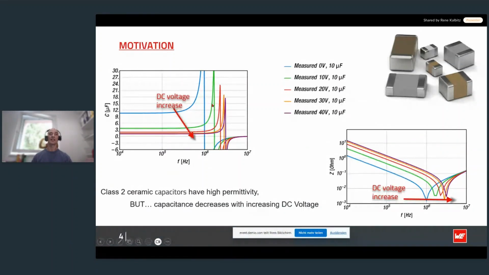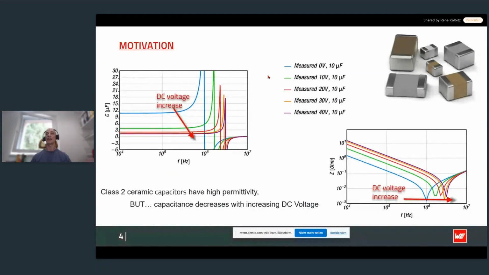There is nothing one could do against it. All class 2 capacitors show this behavior independent of the manufacturer. You may find some variations, but the overall behavior is the same for all class 2 MLCCs.